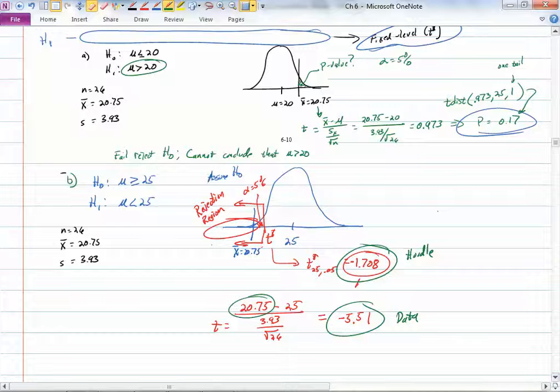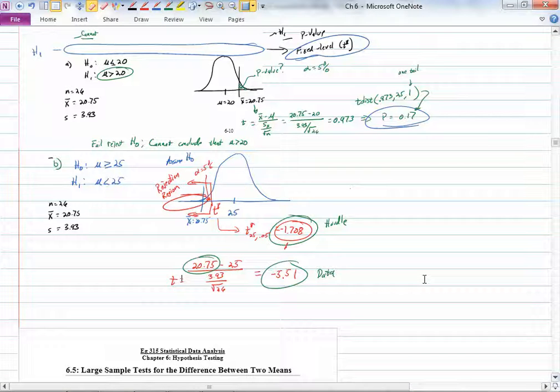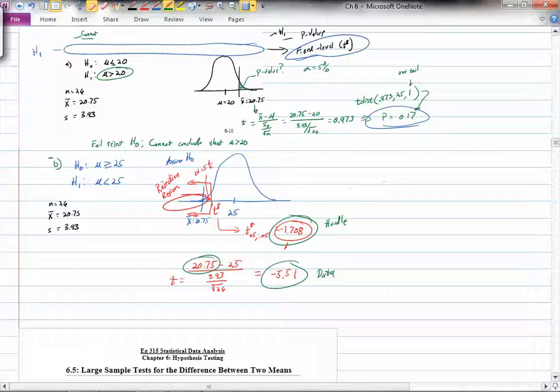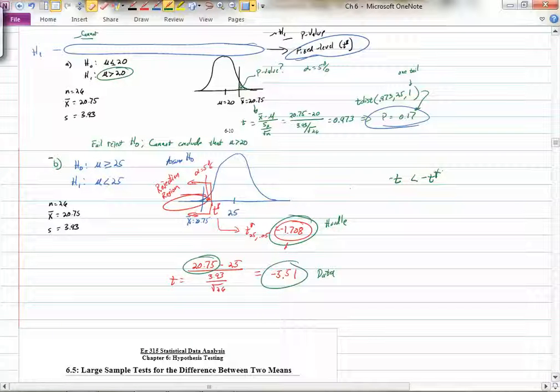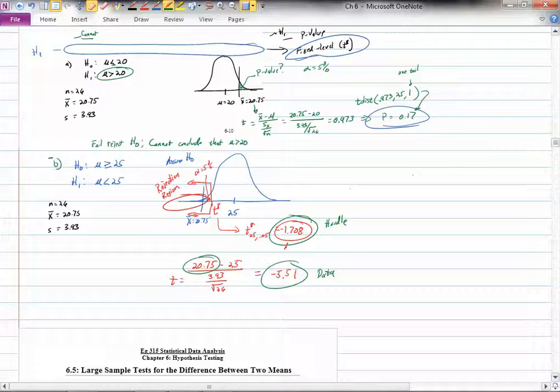Okay, yeah, Sean. So when we do the fixed level test, if we say that T star is greater than T, we can say that H naught can be proven. Right, we would say if our negative T is less than negative T star, if it's further in the left-hand tail, which is this case, then we reject the null hypothesis. I don't like to throw in these negative things. I just think of it as, is the T from our data further in the tails than the T star?